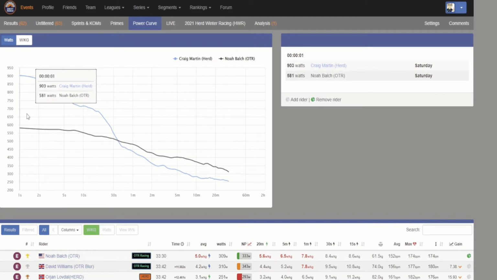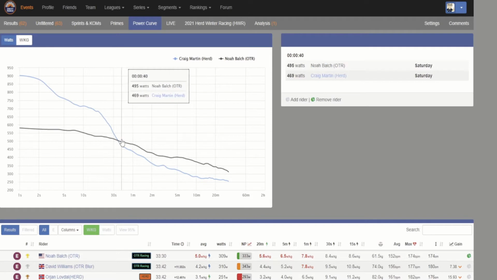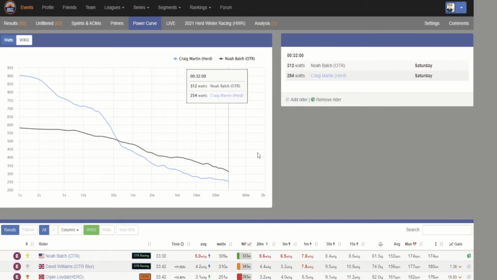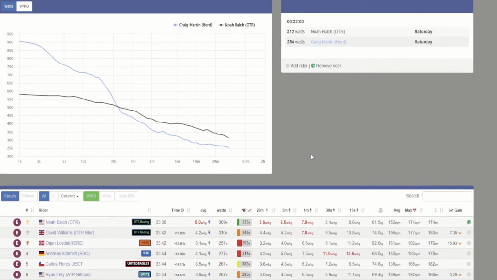But he didn't finish in the bunch sprint. He broke away with 8 kilometers to go, so he didn't sprint. So his power curve is pretty flat because he didn't do an all-out sprint. His max watts were 581, and mine were 903. So that's some of the things you can get out of that.